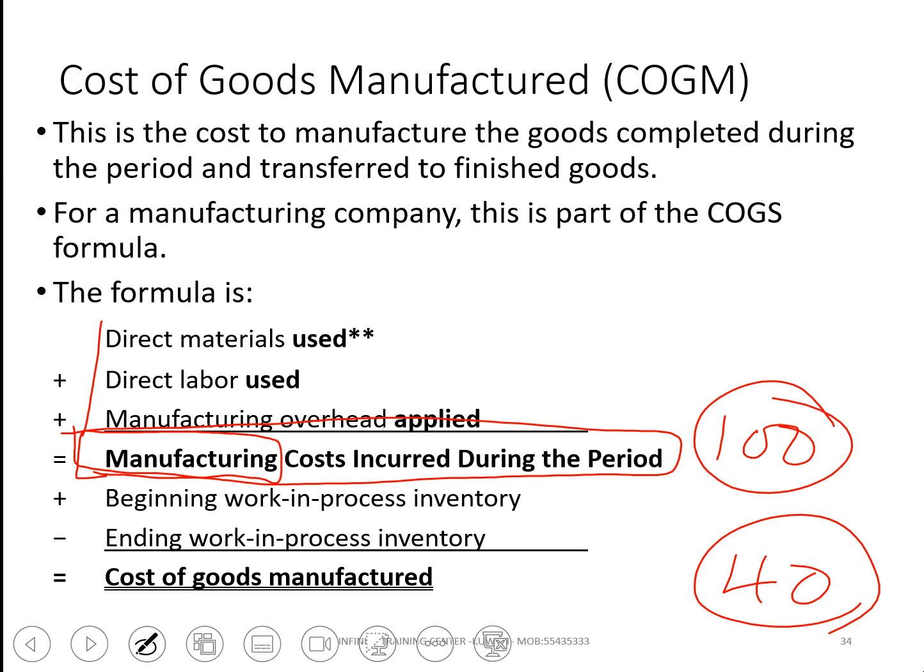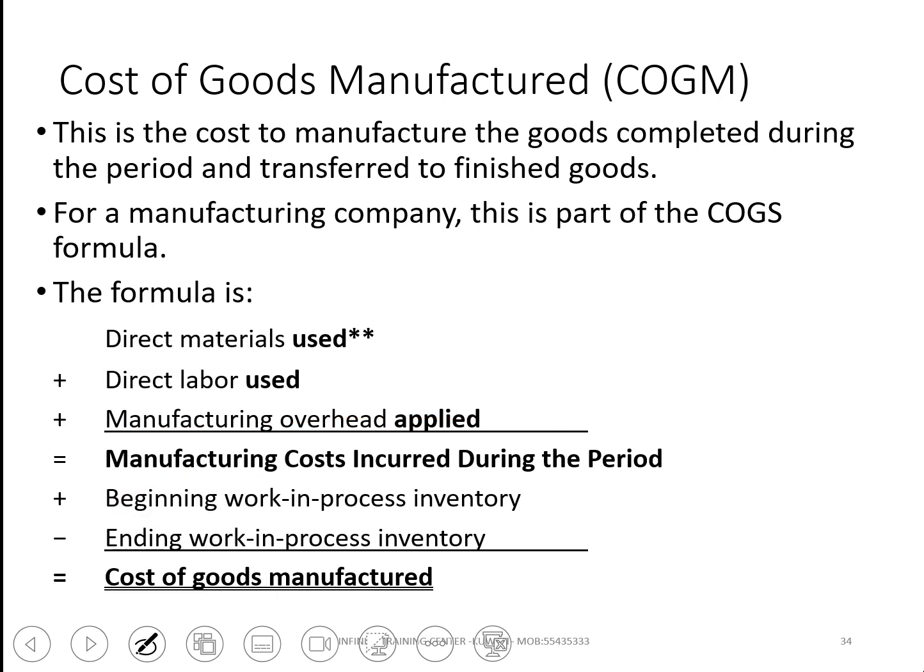So from the total of this amount, we will minus ending work in progress and we will add beginning work in progress. Same concept we have seen in the calculation of direct material used. To the manufacturing cost, we will add beginning work in progress. Why?